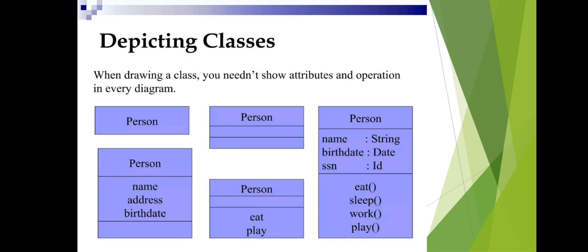In the third diagram, the class is Person, there are three attributes: name, birth date, and student serial number, and four operations: eat, sleep, work, play. So it is not compulsory to write every attribute name and every operation name within the class.